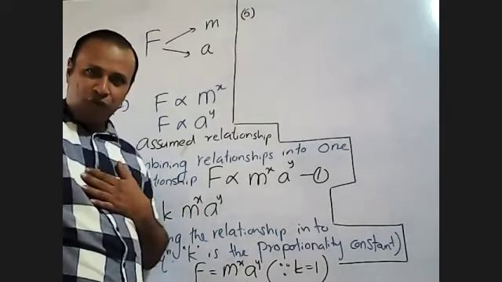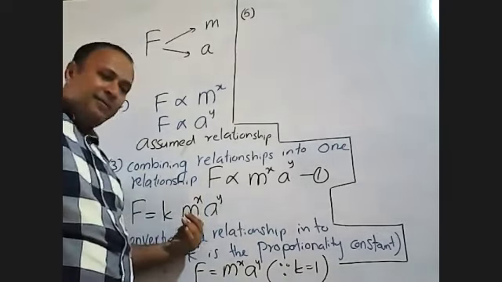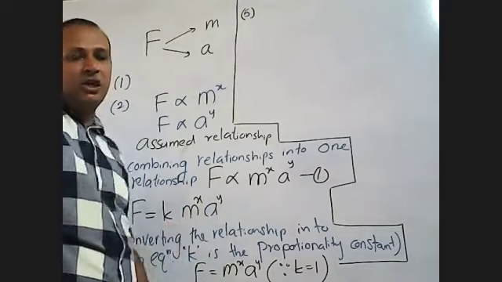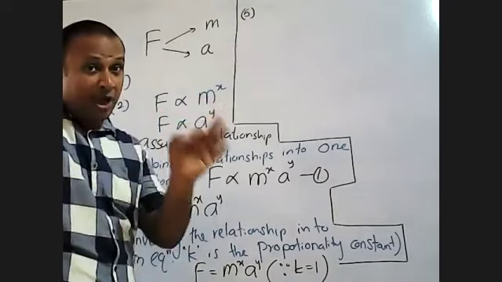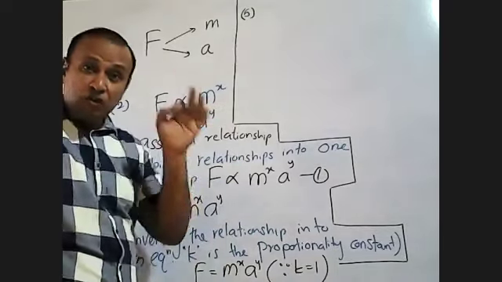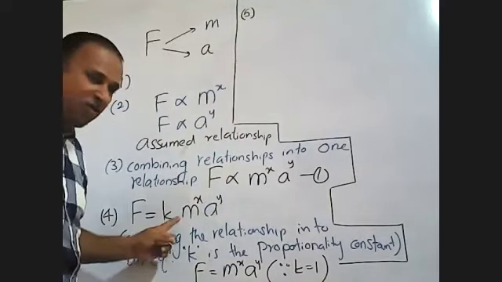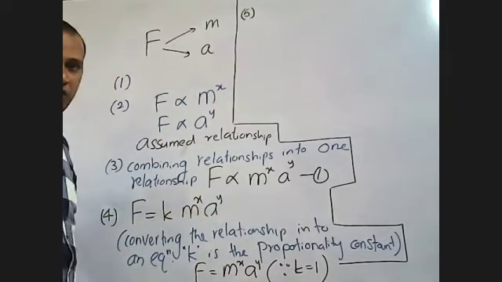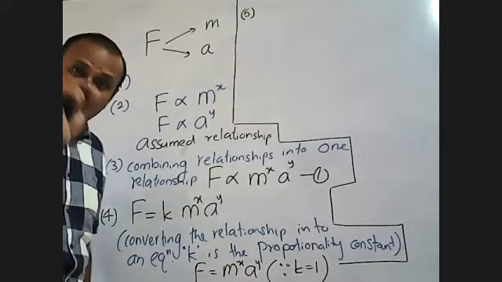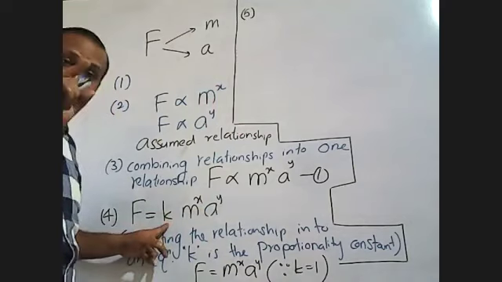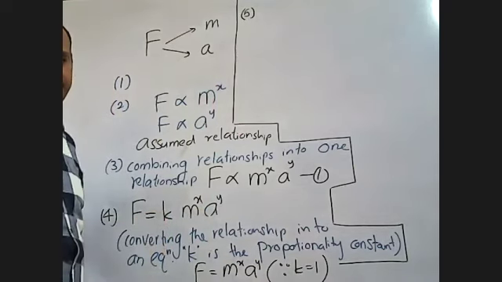The only thing we should know is the dimension of these physical quantities. We have to have that knowledge. We should be aware of the dimensions of the physical quantities in this equation, and we should know the dimension of k.